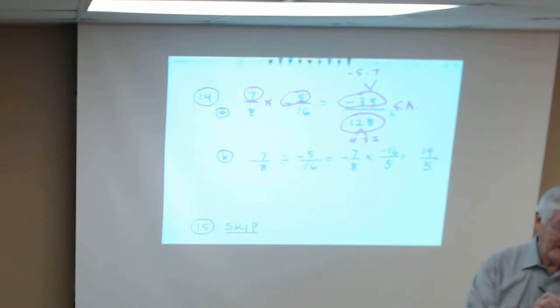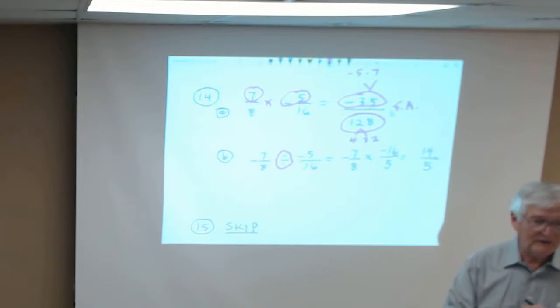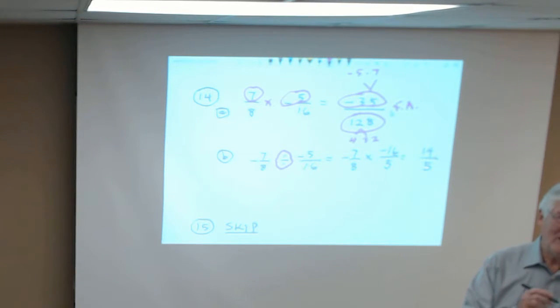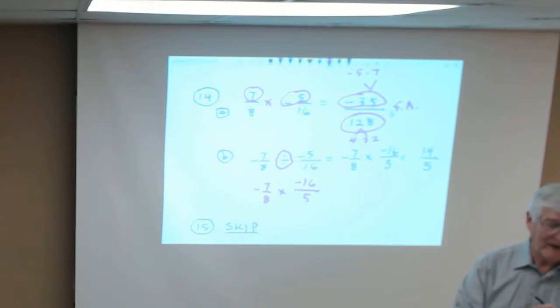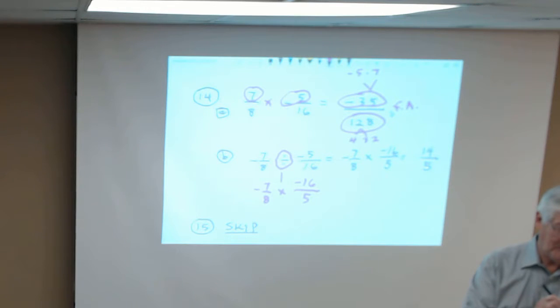14b. Now, what are we doing now? Division. Does everyone remember how you divide with fractions? You take the fraction, negative 7 over 8, times the reciprocal, which would be negative 16 over 5. Everybody follow that? You change from division to multiplying by the reciprocal.